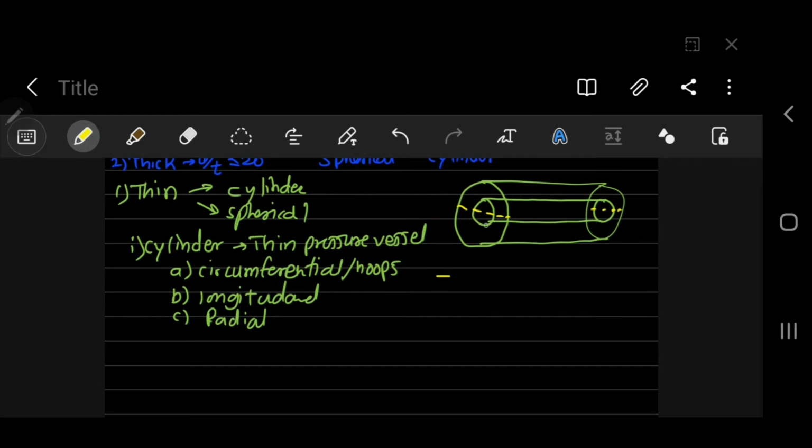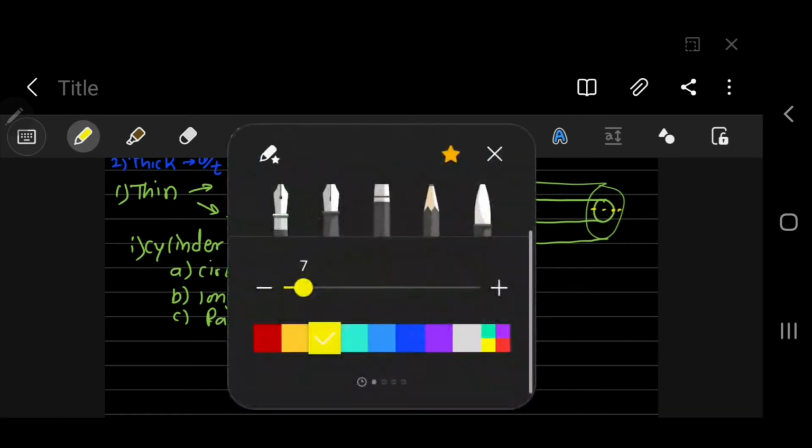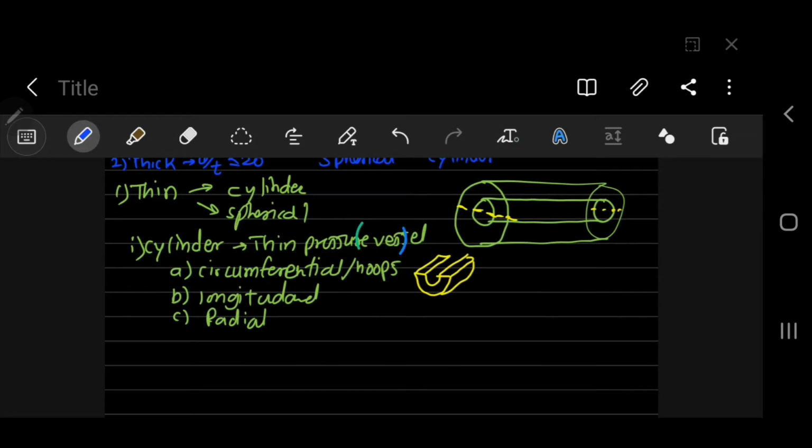If we cut the plane as shown in the figure, we will get a section like this. This will be the direction of stress, that is, it will be along the circumference. The magnitude of this circumferential or hoop stress is PD by 4T. Here P is the pressure, D is the diameter, and T is the thickness of the vessel.